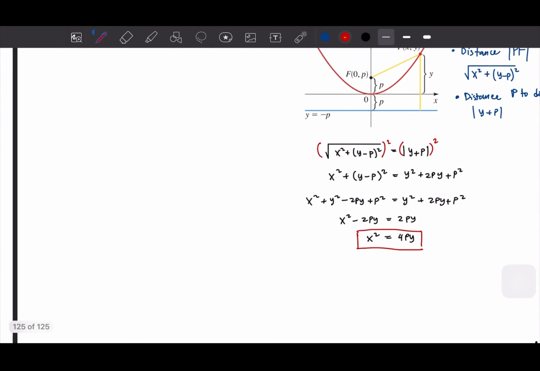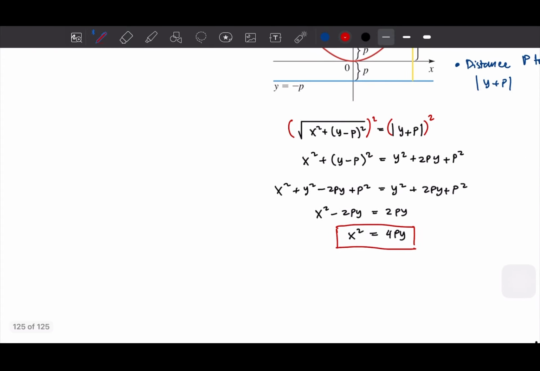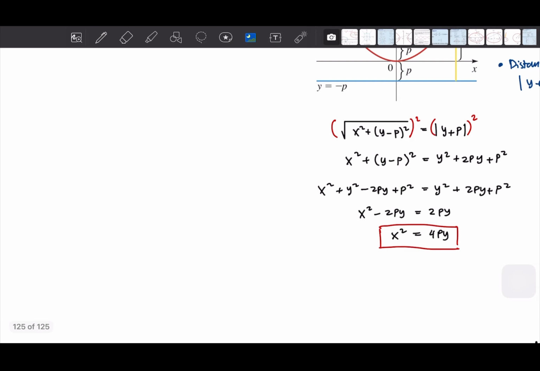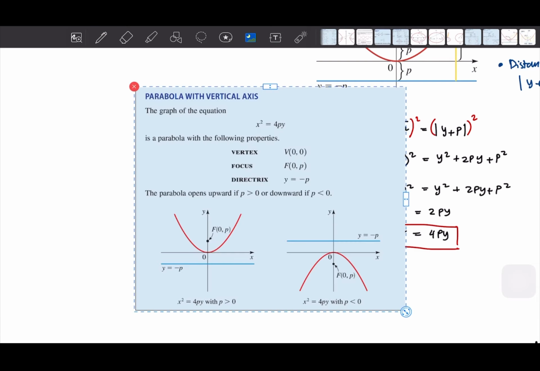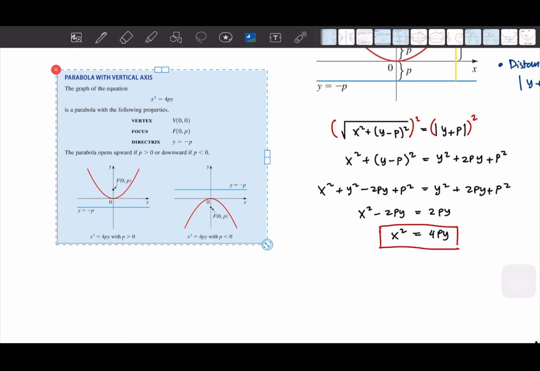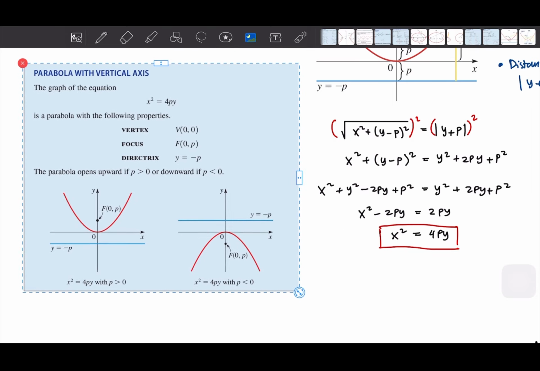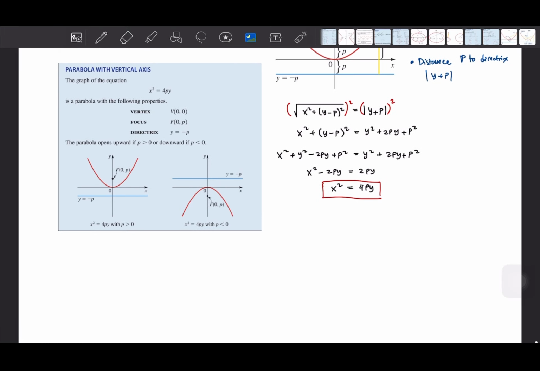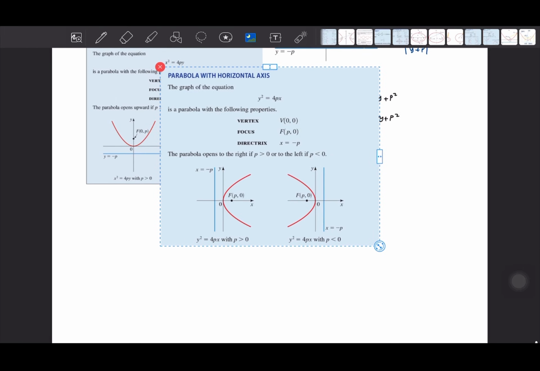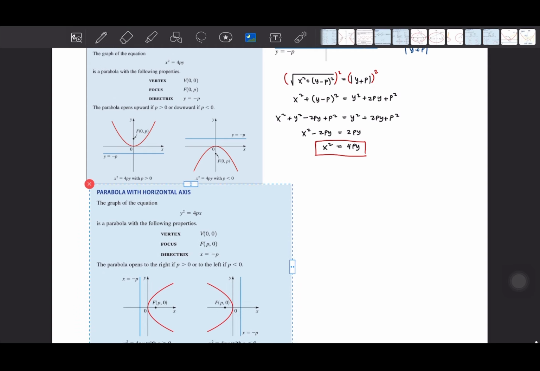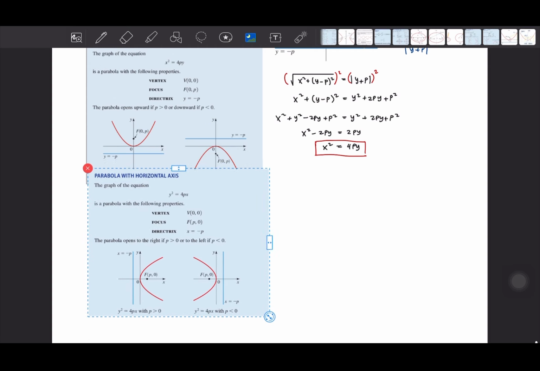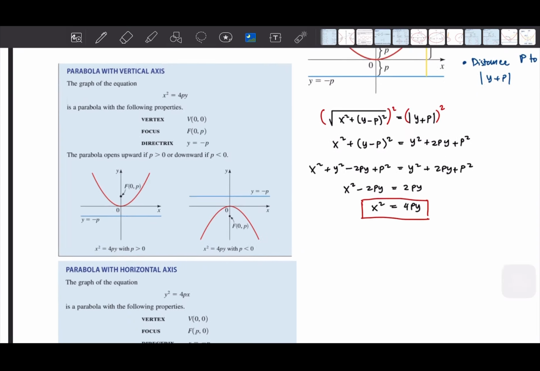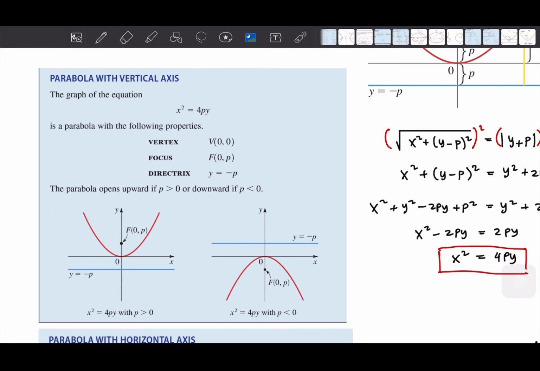Okay, in summary, we could take the definitions right here. So this is the summary.